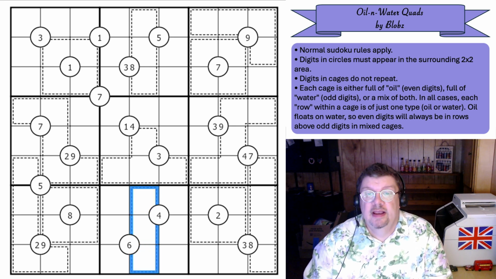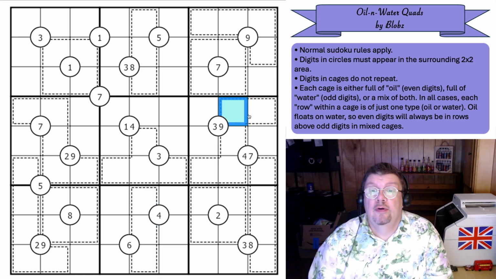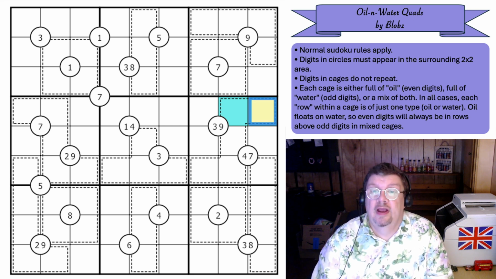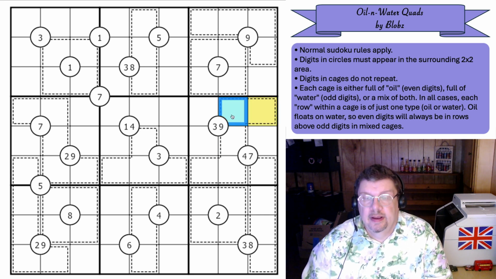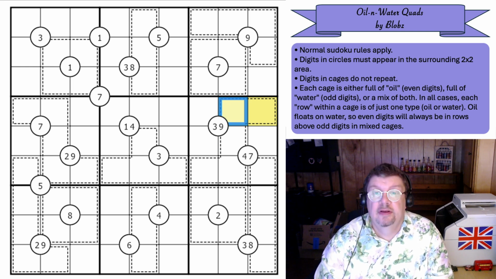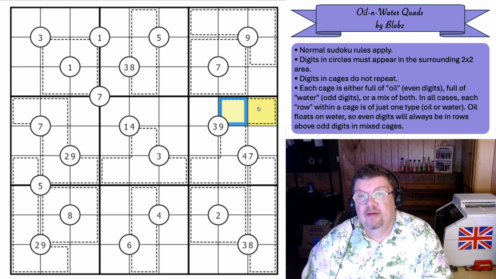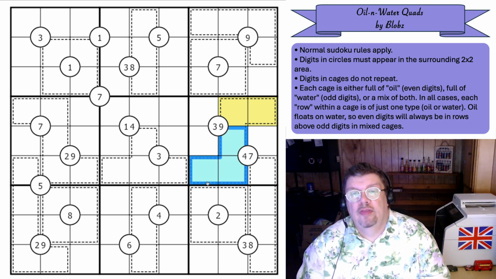If we have a cage where there is a mix of them, then I can't put water and oil in the same row. They have to be all the same in a row in a given cage. So we could have those 2 as being oil, and then because oil floats on water, the water would be below it. So that's how that could look.